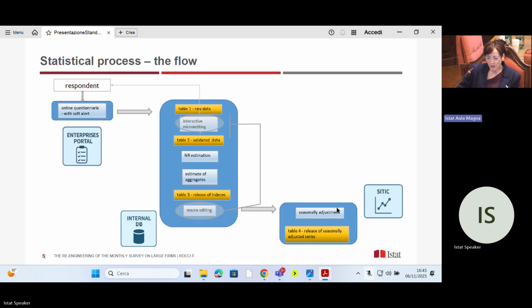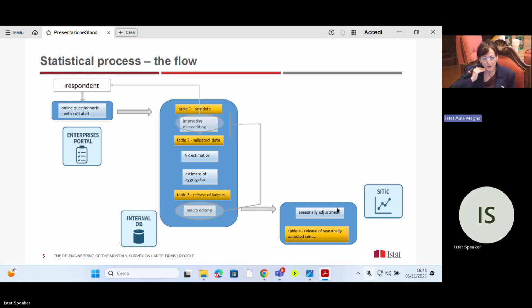The statistical process, the flow. Obviously, we start from the respondent. They send an online questionnaire, on which there are only soft alerts, and they send the data on the enterprise portal. The data goes into the internal DB, and we have several tables.